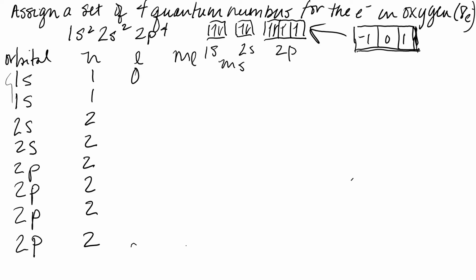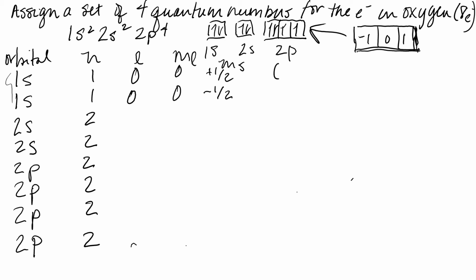And when n equals 1, L equals 0. When L equals 0, M sub L also equals 0. So these 2 electrons have the same N, L, and M sub L. The only thing that distinguishes them from one another is the spin, or the magnetic spin quantum number, which is either plus 1/2 or minus 1/2.